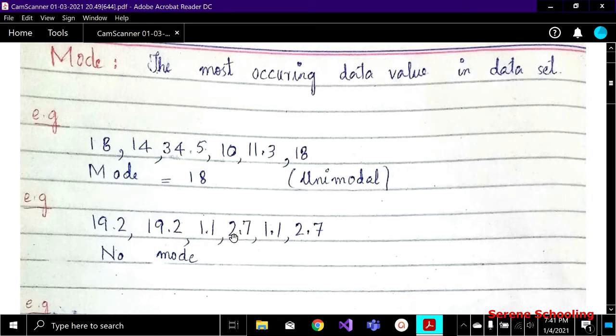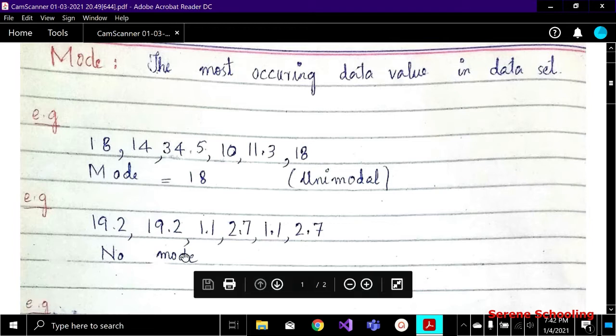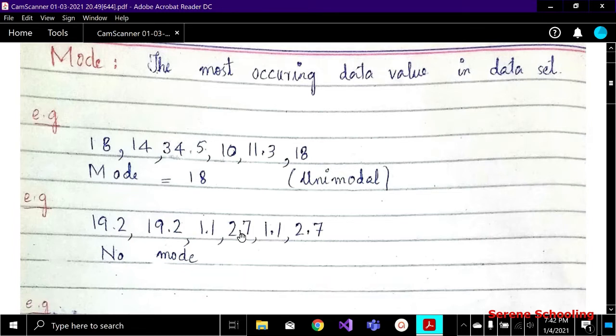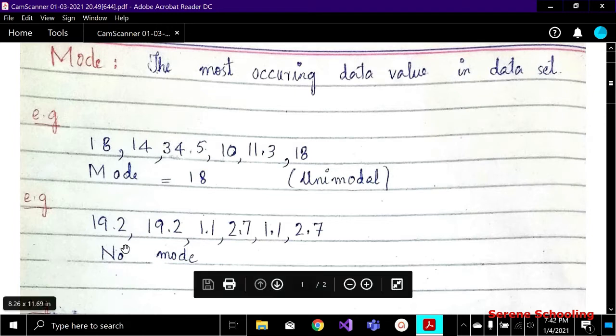There is no value that occurs more than the other ones. It means there exists no mode. You cannot say that the mode equals 0, because that would mean there is a data value 0 which is occurring the most. No, you have to write no mode, that there exists no mode in the data.